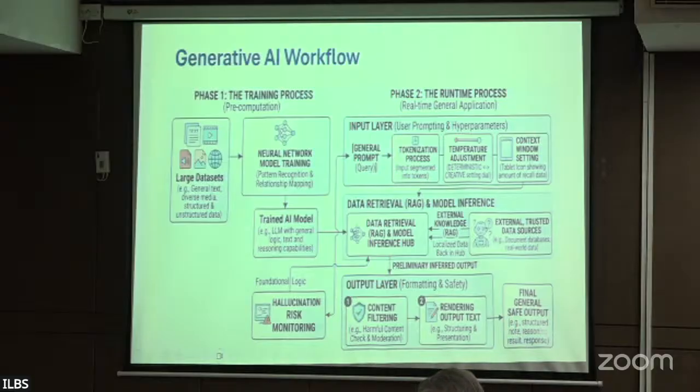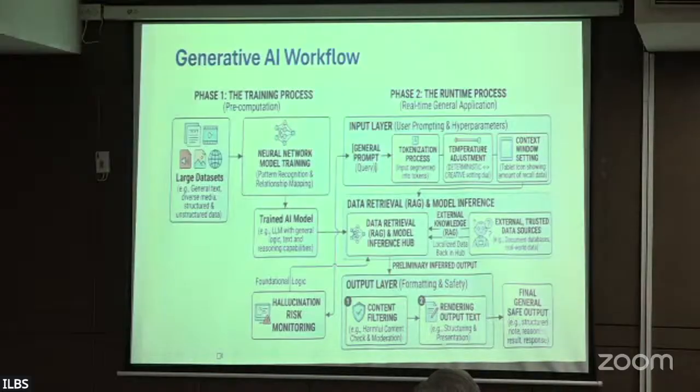It is the input layer. Then the data retrieval and model inferencing are done, meaning the context development and answer generation. And an external trusted data source, that RAG thing, can also be connected with the answer so that it can be more reliable and more optimal.